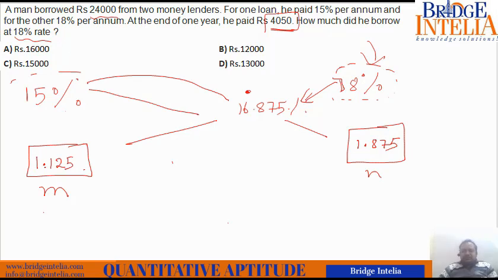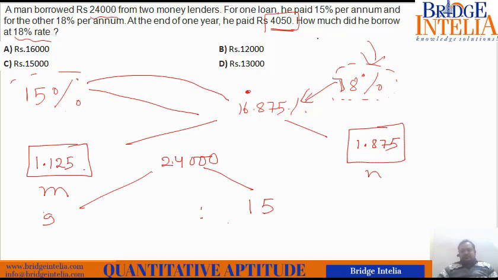So 1.125 and 1.875, if you take the ratio, this comes out to be 9 is to 15. It means that 24,000 was divided in this ratio.